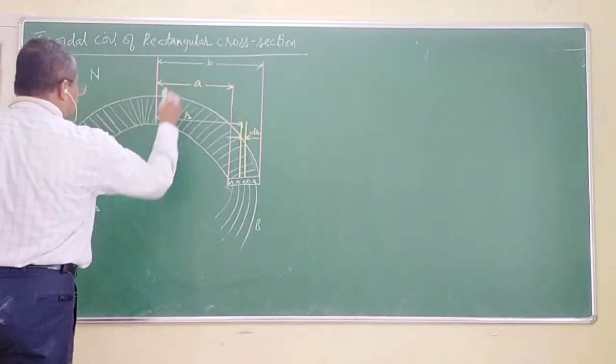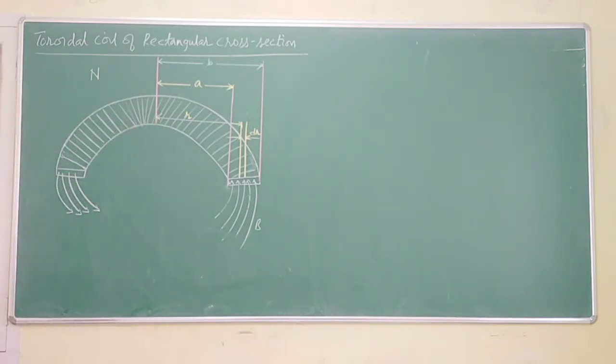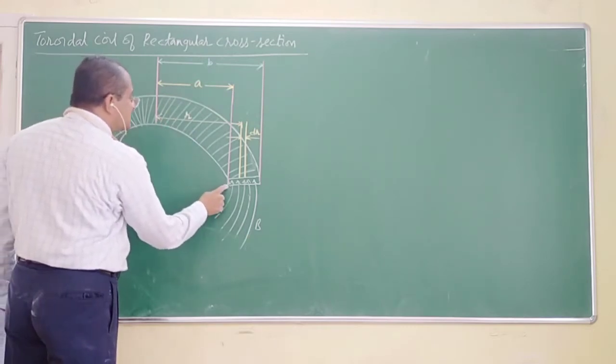A is the internal radius of the toroidal coil. B is its external radius.